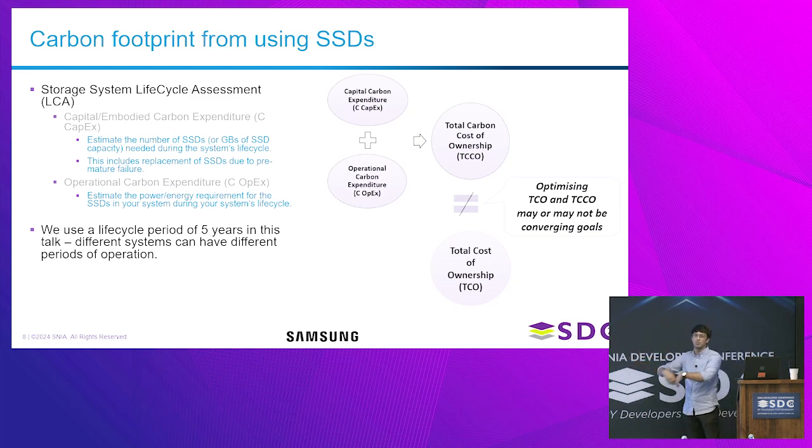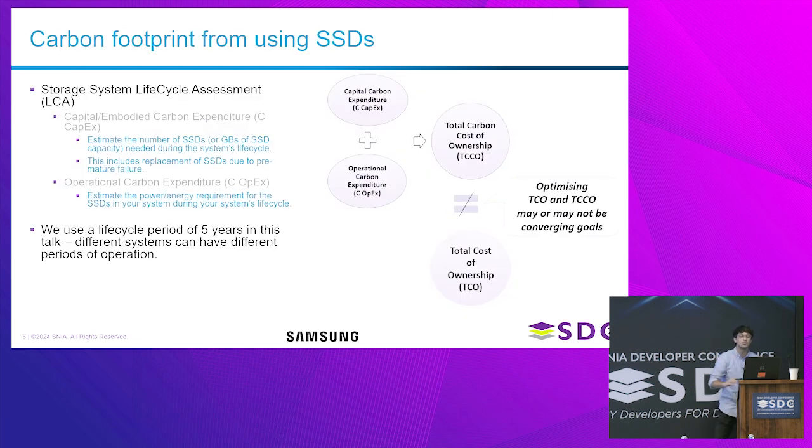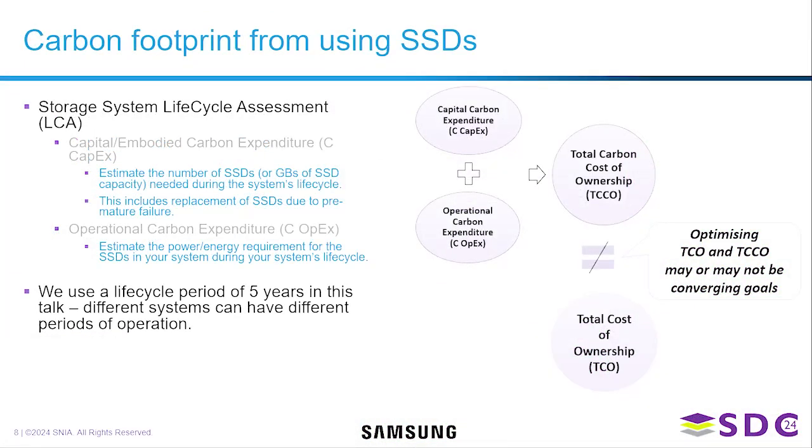It doesn't matter. It could be anything. You could adjust your calculations accordingly. So if you end up with this estimate of how much GB of SSD you are actually going to purchase over your system lifecycle period and multiply it with this 0.16 kilogram of CO2e value, you end up with what we call the capital carbon expenditure, which is essentially how much carbon you're paying upfront to build your system.